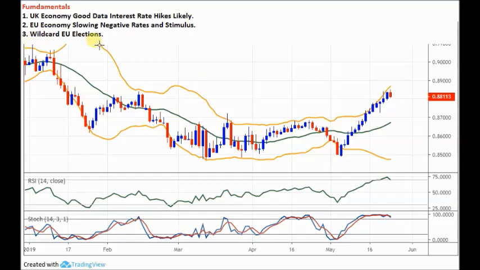A wild card in this pair is the EU elections. They're this weekend. Now, general view is that the anti-EU parties get about 30% of the vote. If they do, I don't think that's going to hurt the euro particularly. But at the moment, it's looking like they could get a little bit more than that.